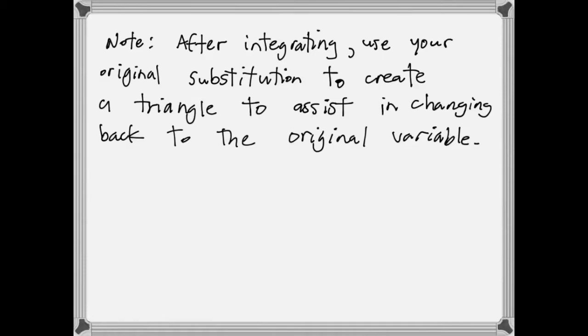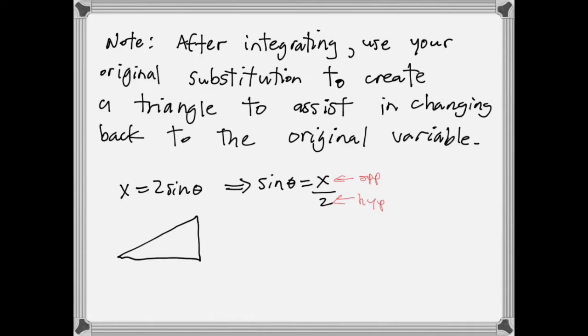So as an example, what do I mean by this? Let's say that you let x equal 2 sine theta. If you let x equal 2 sine theta, then this means that sine of theta is equal to x over 2. And so remember, sine is opposite over hypotenuse. So this would be your opposite, and this would be your hypotenuse. And so you can go ahead and draw a right triangle, and you could call this angle theta. Then the opposite is x, the hypotenuse is 2.